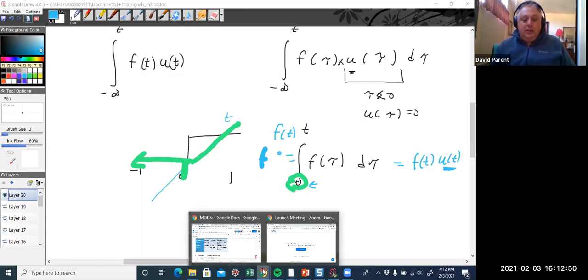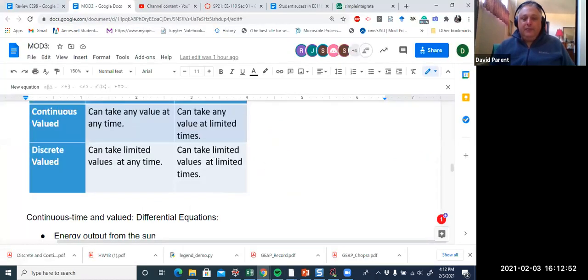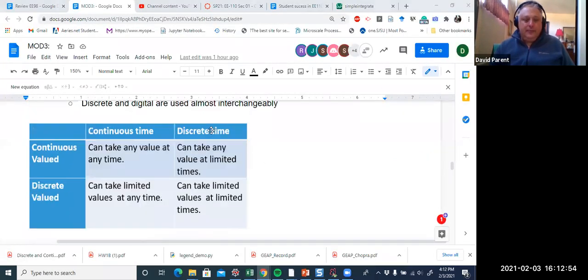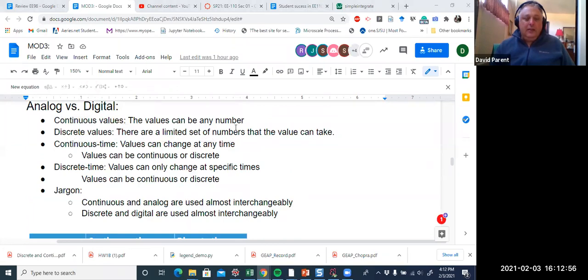So analog versus digital. Just a quick thing about that is that analog is like a shorthand or a jargon or an engineering term for continuous.